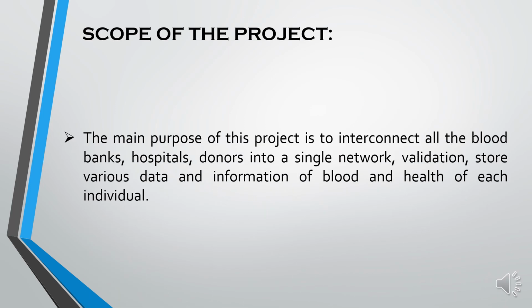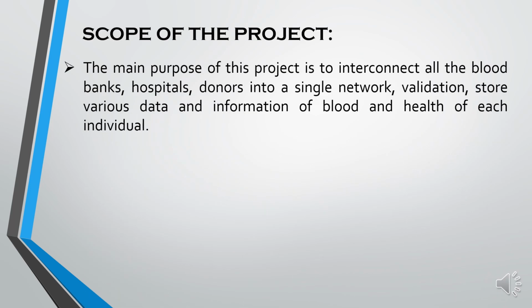The scope of the project is that in a very short span it provides the user with many facilities. It provides elegant management of blood, a list of hospitals, blood banks and donors online. The main purpose of this project is to interconnect all the blood banks, hospitals, and donors into a single network, validation, and store various data and information of blood and health of each individual.